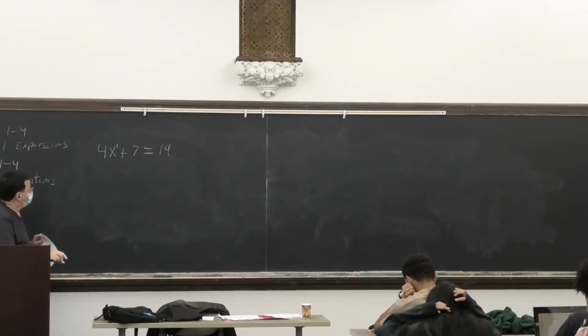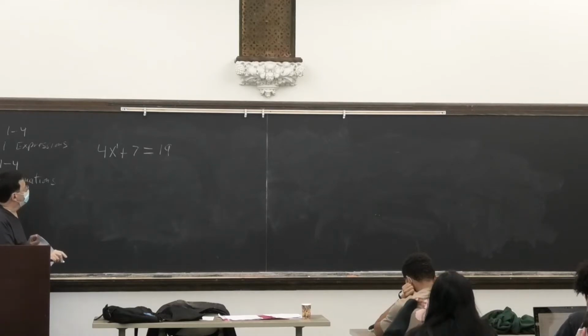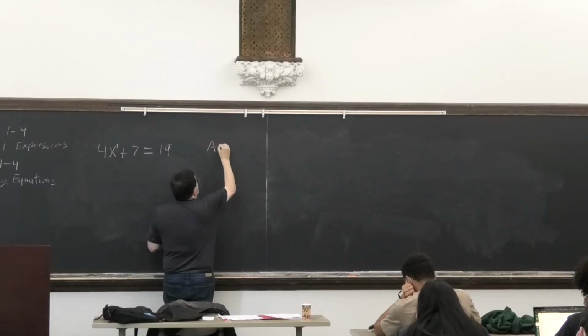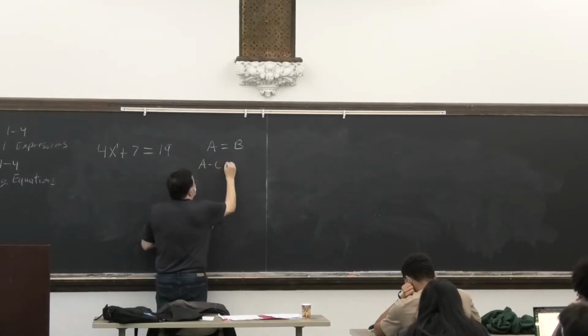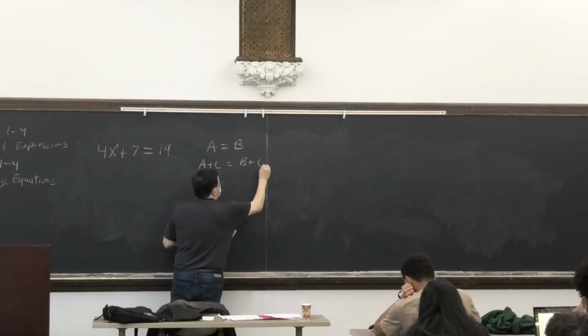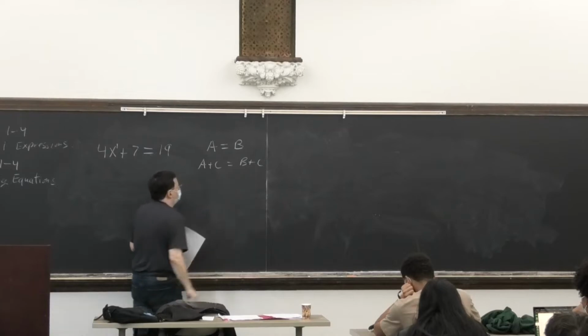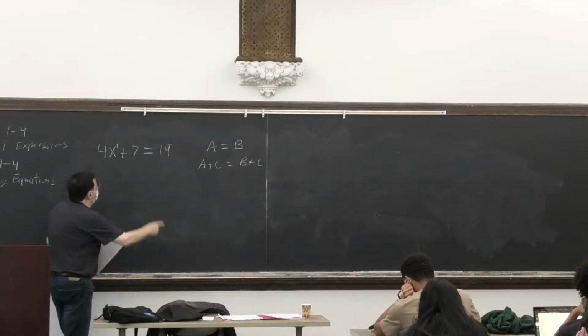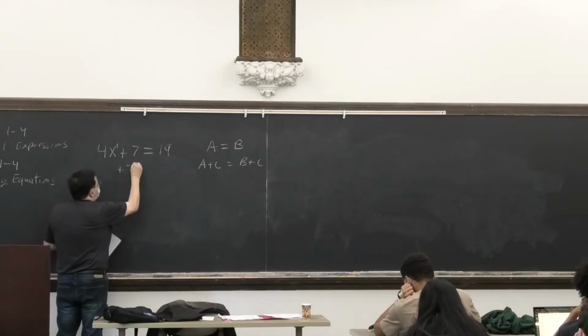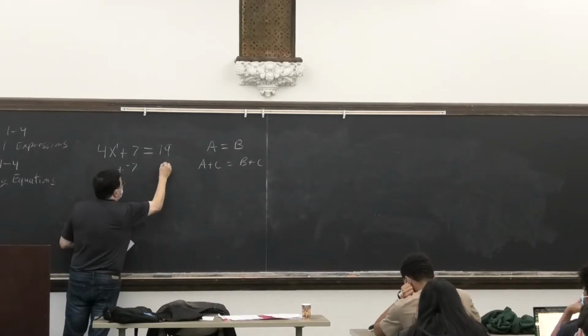And how do we go about solving this? Well, we have some rules. One rule says that if A is equal to B, then A minus C is equal to B minus C, where C could be a negative number. So the first manipulation here is we're going to add -7 to both sides.